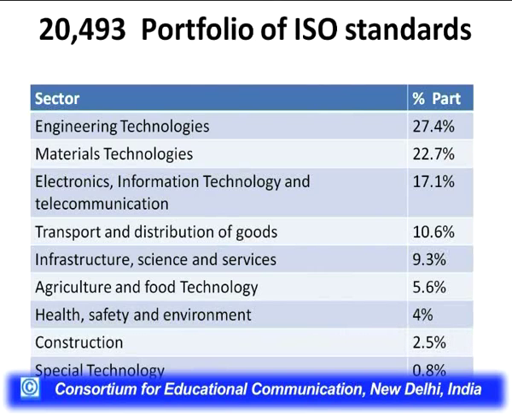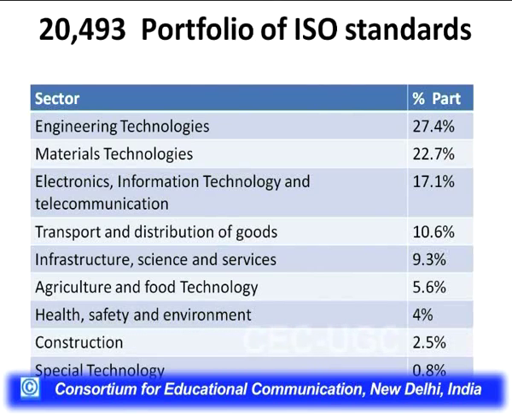The remaining 50% are for other technologies, which consist of electronics, information technology and telecommunication, which have a share of 17.1%. Next is the transport and distribution of goods sector, which has a contribution of 10.6%, whilst infrastructure, science and services has a share of 9.3%.